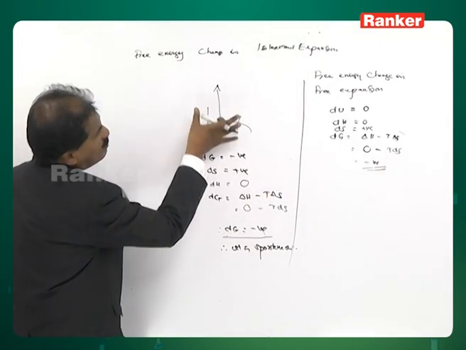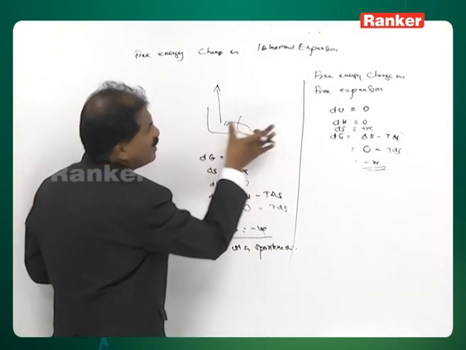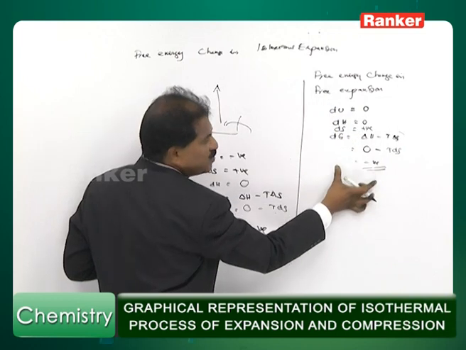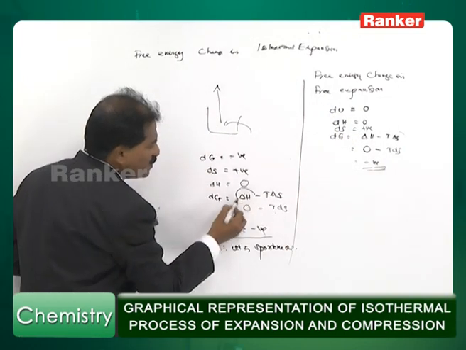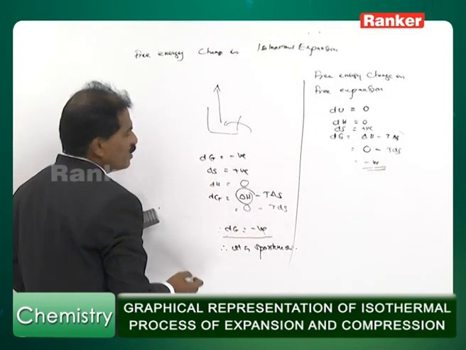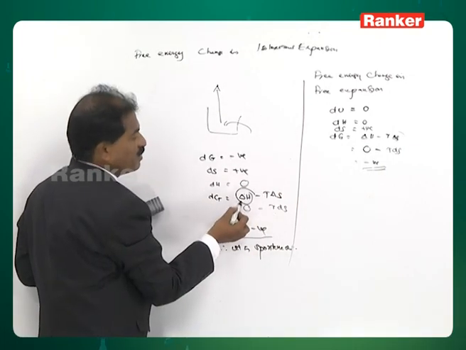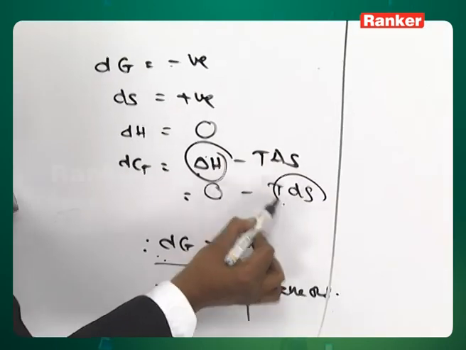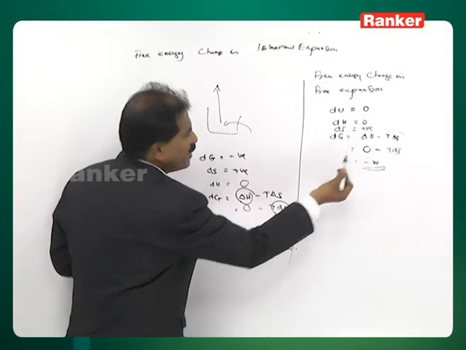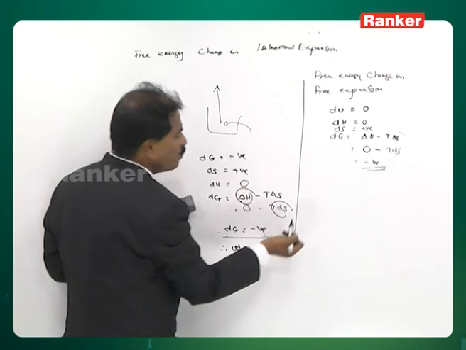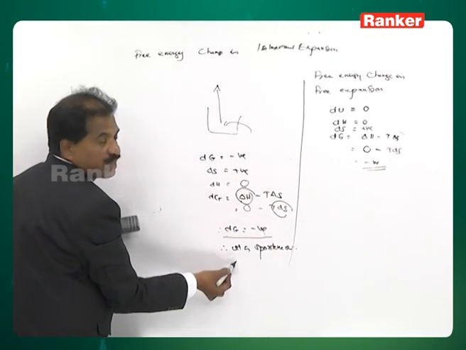That means in the isothermal expansion as well as the expansion into the vacuum, the enthalpy change is 0. Therefore, the expansion process is not taking place because of the enthalpy factor. Here the driving force is the entropy factor. Since the entropy factor is increasing, the increase in entropy is making del G negative.